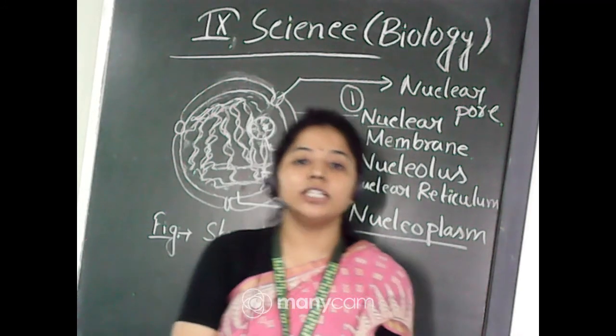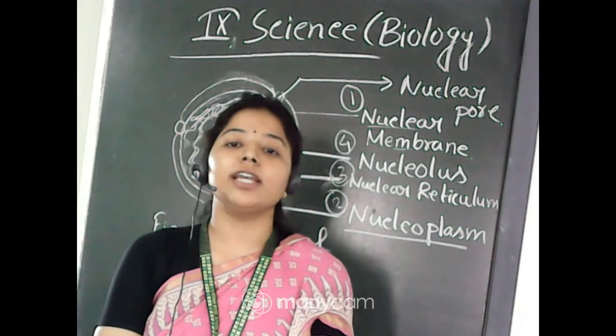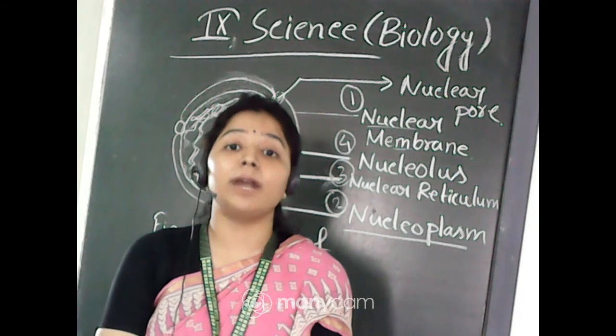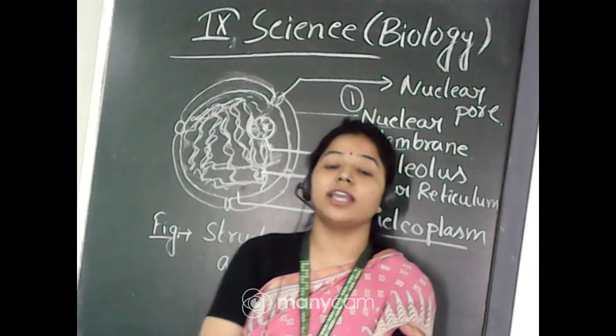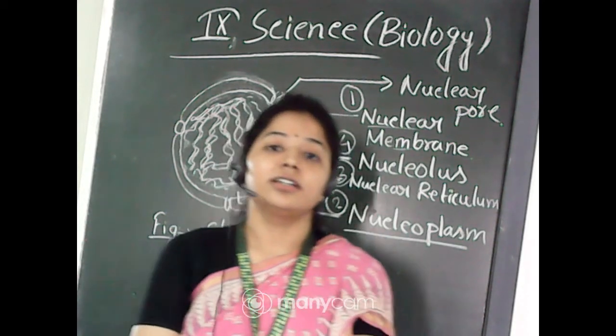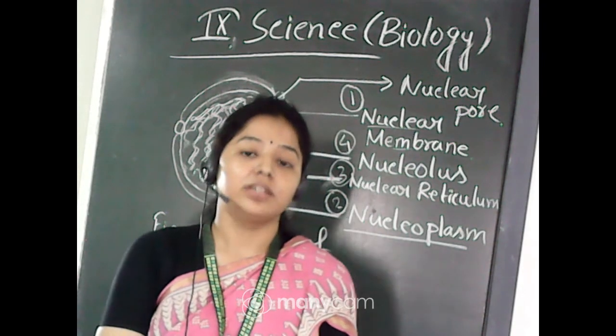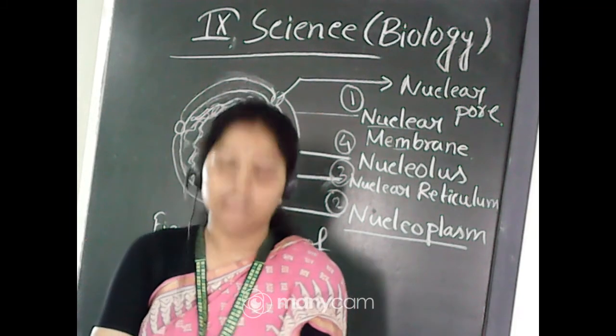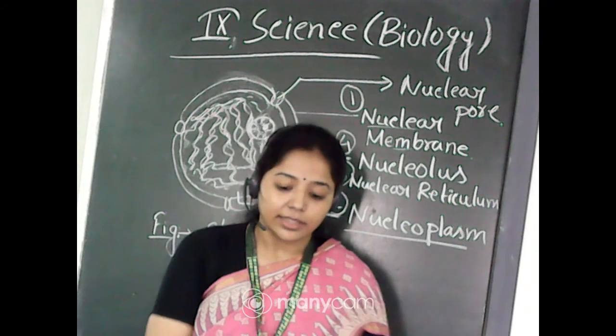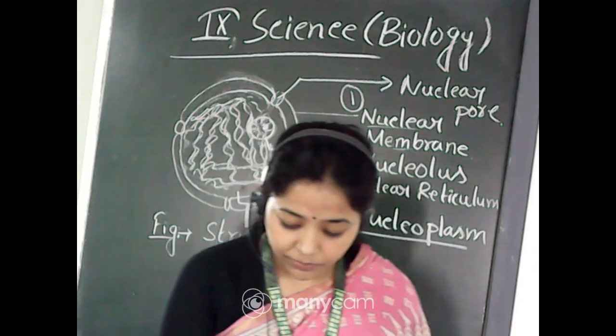That is by means of DNA, deoxyribonucleic acid. Now the functional part of DNA is known as the gene. So you can say the functional unit of DNA is known as gene.